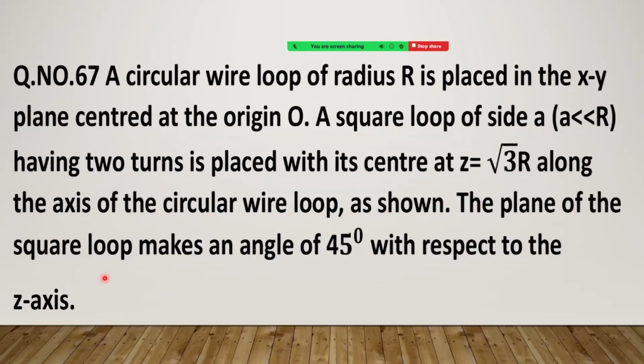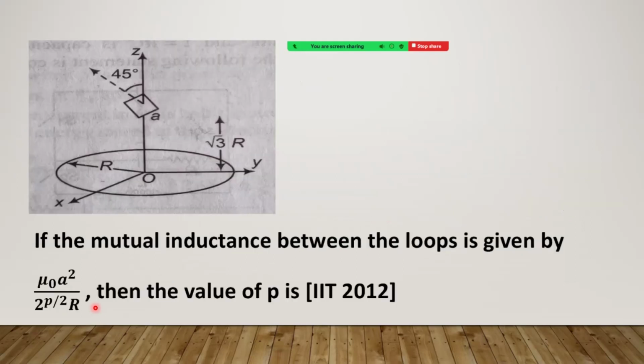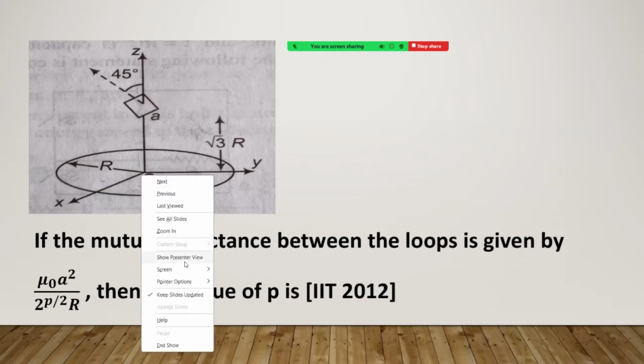The plane of the square loop makes an angle of 45 degrees with respect to the z-axis. If the mutual inductance between the loops is given by the expression, then the value of P is? See how to start.